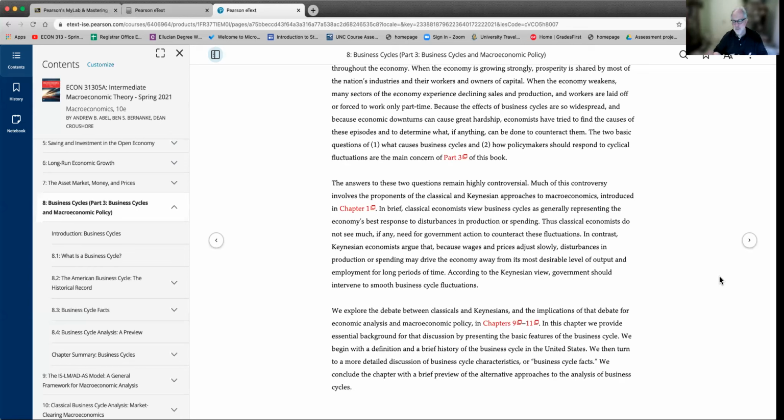So in this chapter, I want to lay out, well, what do the actual data look like, and which model, the classical model or the Keynesian model, which assumptions seem to do a better job of explaining what we call the business cycle facts, right? The actual economic data of the US economy. We could use other economies, but we're in the US, so we use the US economy.